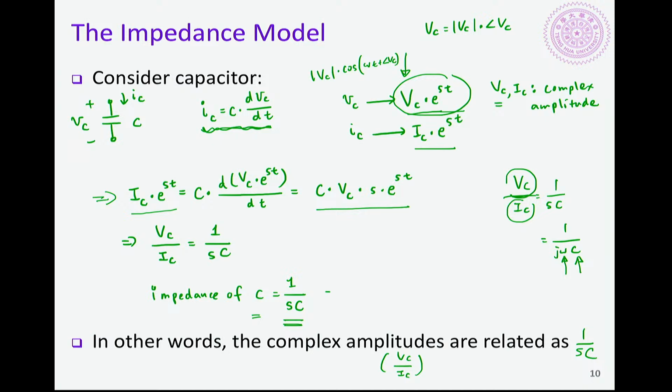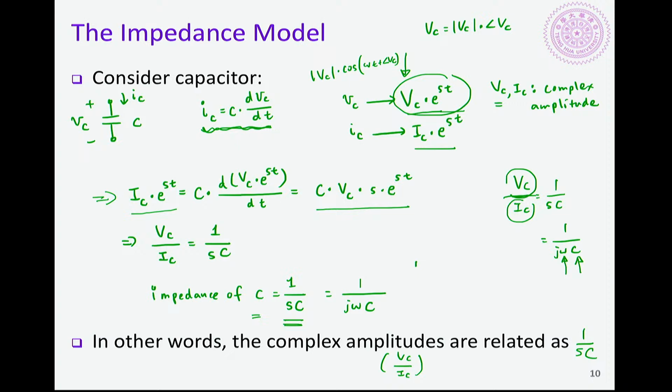Okay, we also know that S is equal to J omega. So we conclude that the impedance of a capacitor is inversely proportional to the frequency.